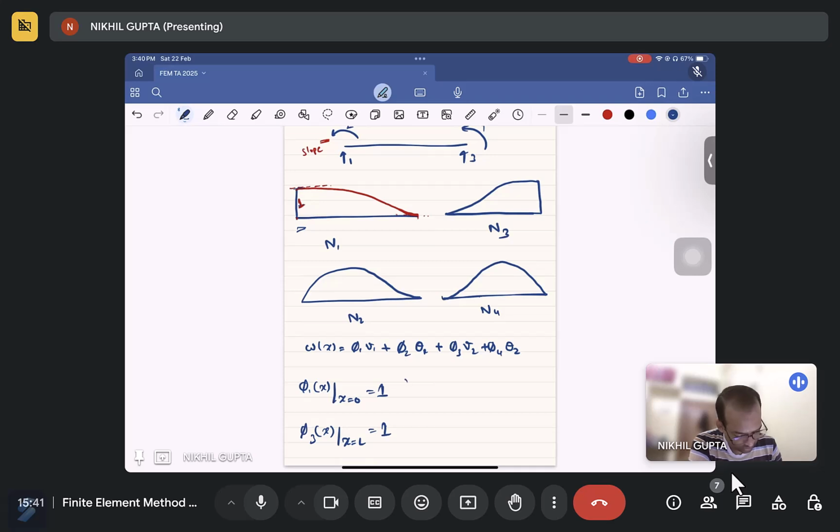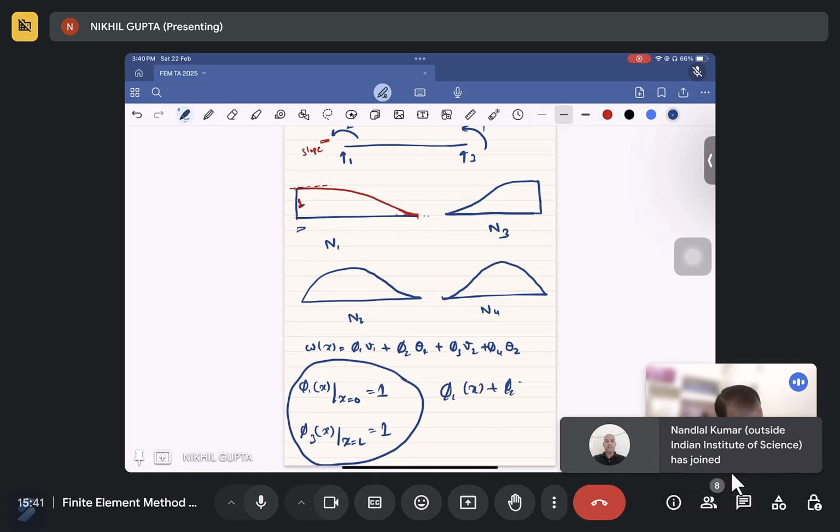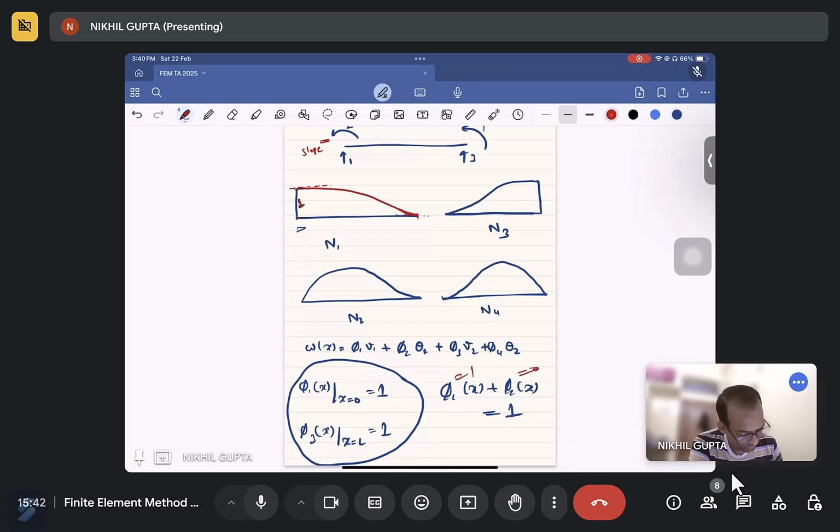Now let's focus on these two only. We can write phi 1 plus phi 3 equals 1, because whenever this is 0 this will be 1, and whenever this is 1 this will be 0, and a similar trend will happen and it will give a constant curve of 1. So one of these conditions is satisfied.